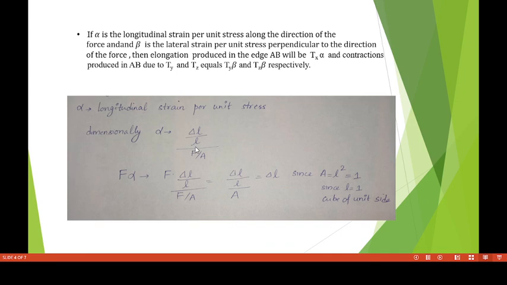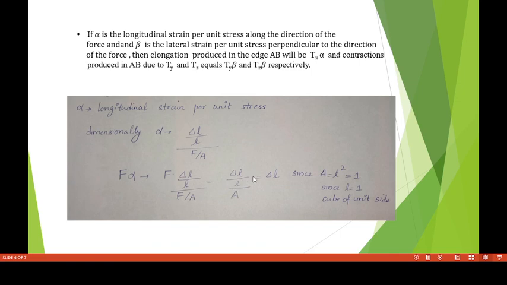So again, this length L will be 1 unit since we have considered a unit cube, and the same will be the case for the area capital A. Area will also be 1 unit since the cube is a unit cube. Now the remaining terms will be delta L upon F, and if we multiply this term alpha with F, where F is the force along any particular direction, the F cancels in the numerator and denominator.